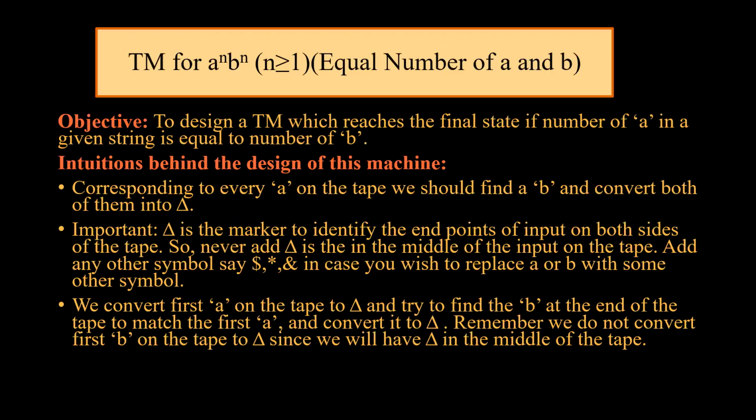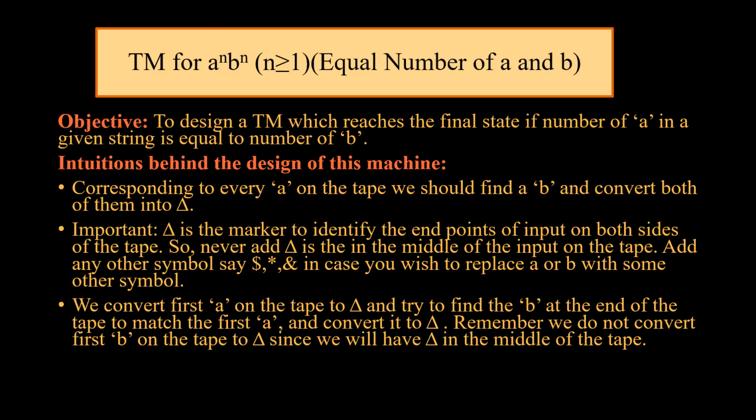Please remember, one of the very important points when designing a Turing machine is that delta is the marker to identify the endpoints of the inputs on both sides of the tape. So please never add delta in the middle of the input. In case you want to replace any symbol A or B, you can always replace it with a dollar sign, an asterisk sign, an ampersand sign or any sign, but please don't replace it with delta.